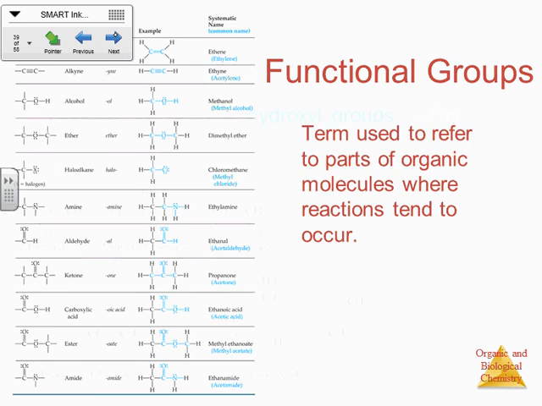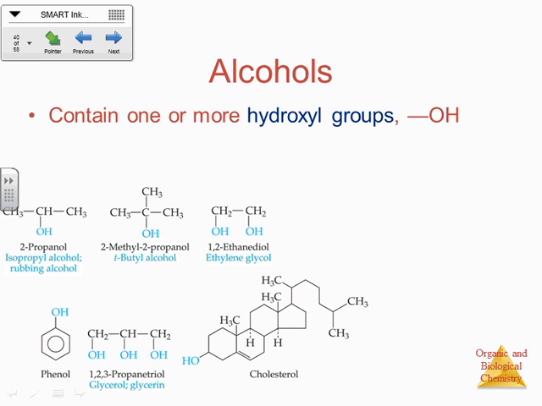First group we want to talk about is the alcohol group, okay? And these are called hydroxyl groups, which is just an OH group, okay? So anytime you've got a carbon-carbon chain with an OH group attached to it like this, that's what defines alcohols, okay?